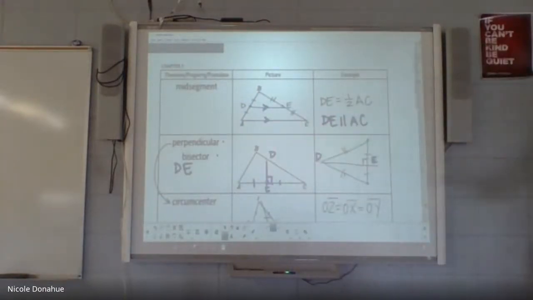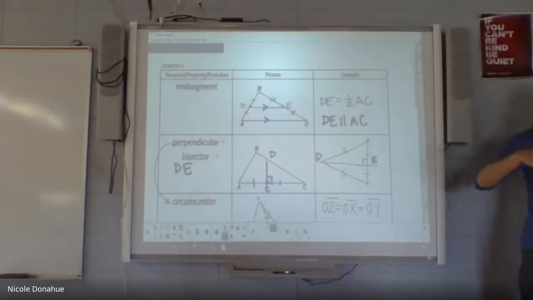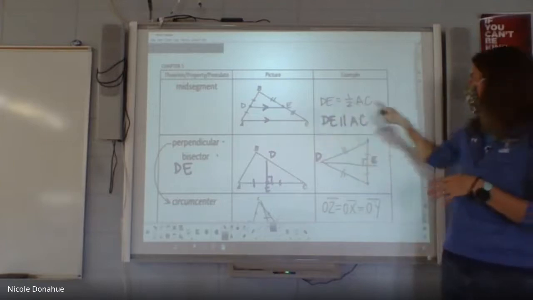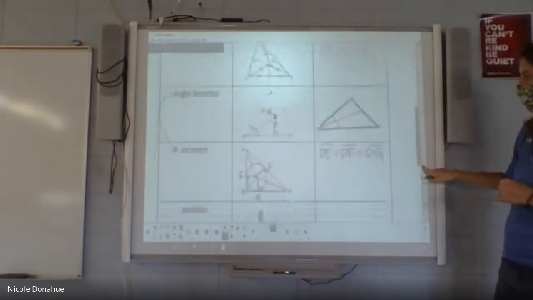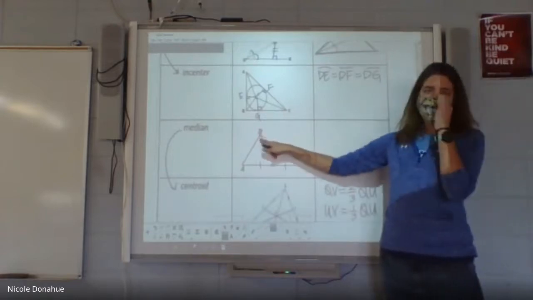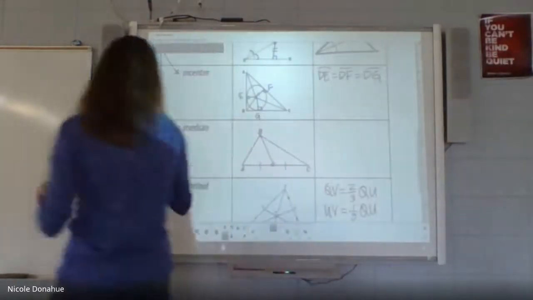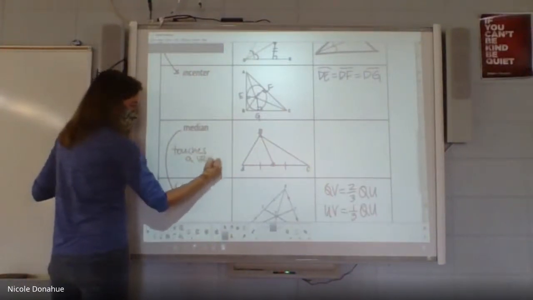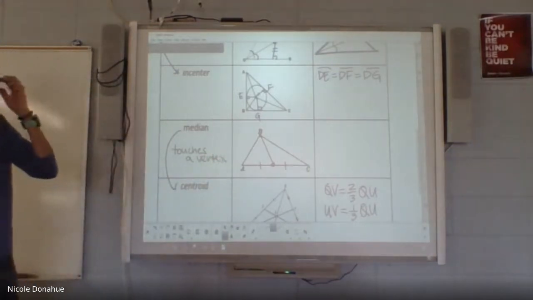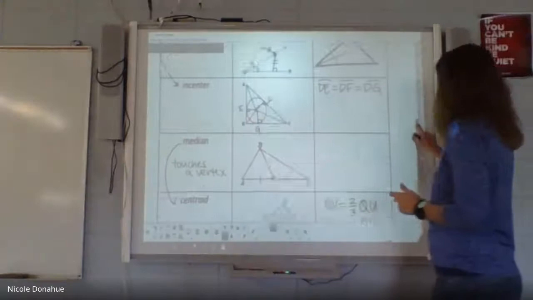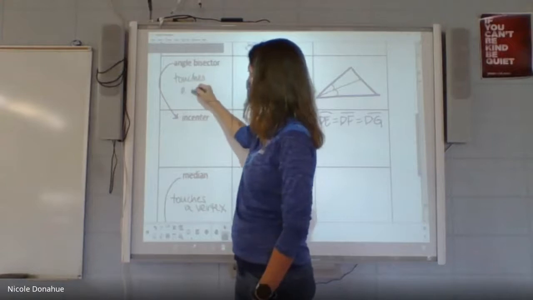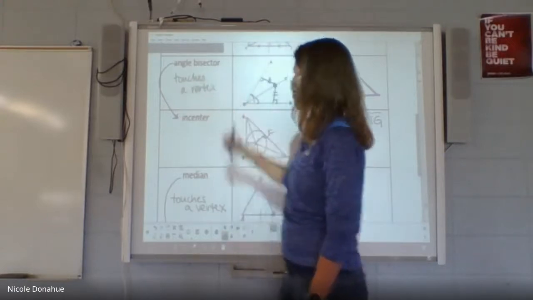I always think of the mid-segment like building a sandcastle or a cake, and you just chop off the top. So there'd be 2 layers, that's the mid-segment versus the median. And the median always goes back to the vertex. The fact that it touches the vertex is maybe helpful. The angle bisector touches the vertex. So watch out for some of those things.